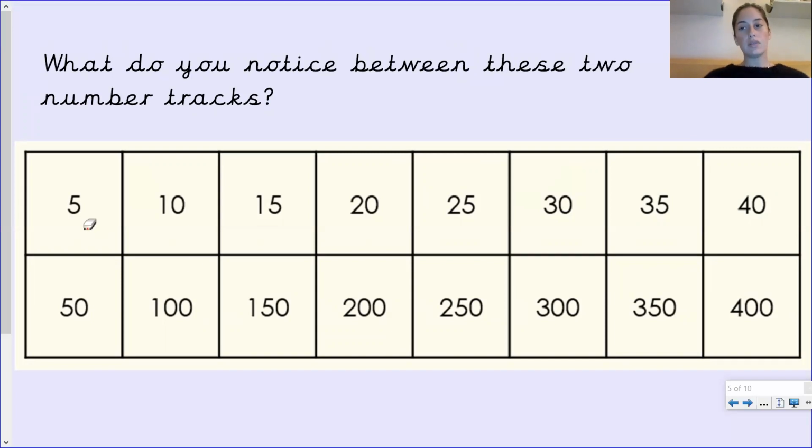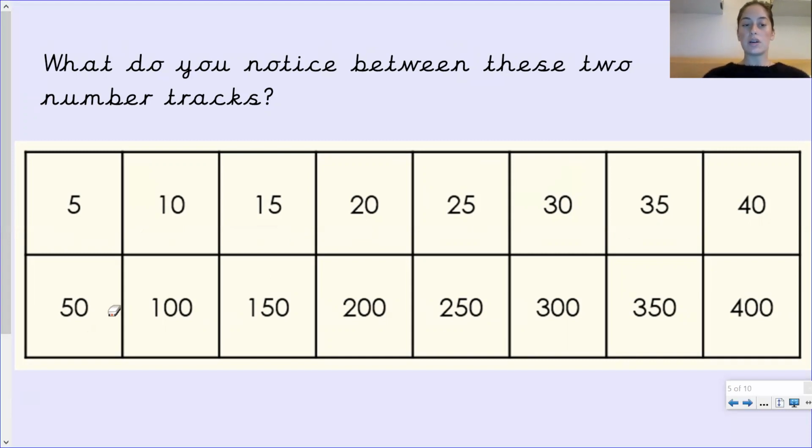Okay, so what I've noticed in the first row is that in the first number track, we are counting in fives. 5, 10, 15, 20, and so on. In the second number track, I've noticed that we're counting in 50s instead of counting in fives.